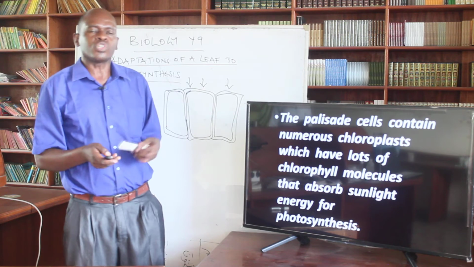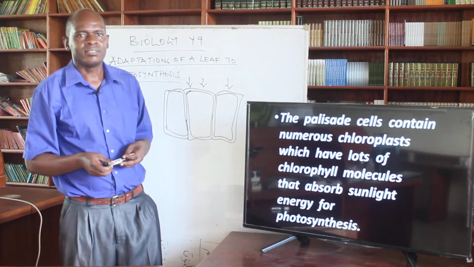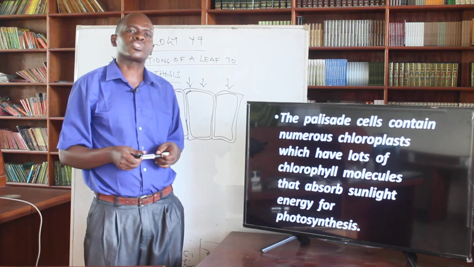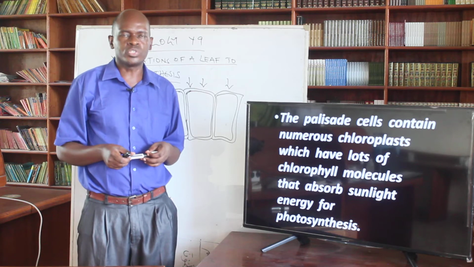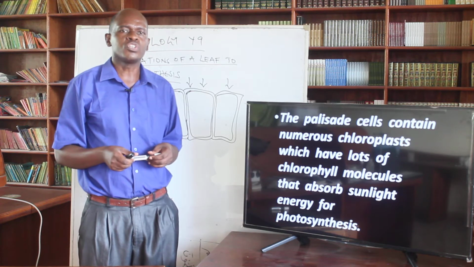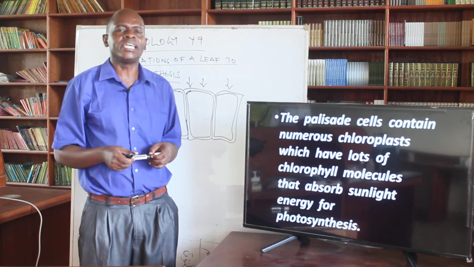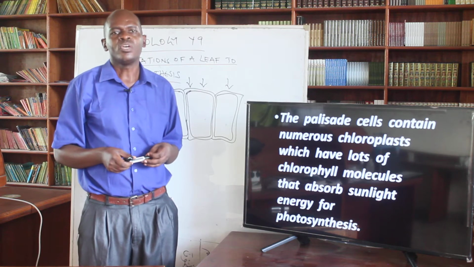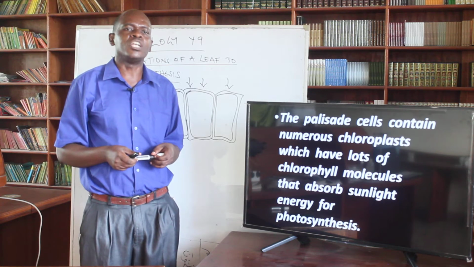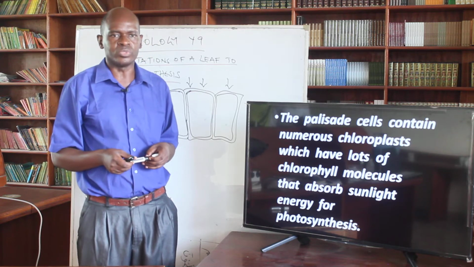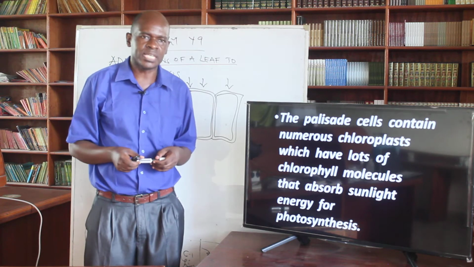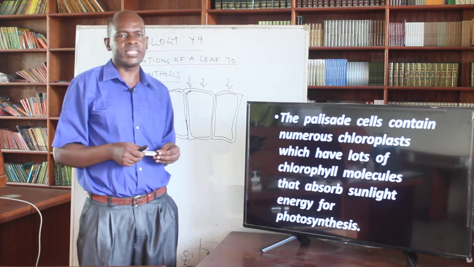Now, that's not all about the Palisade cells. The Palisade cells also contain lots and lots of chloroplasts. They have a lot of chloroplasts, which also have a lot of chlorophyll molecules that absorb sunlight energy for photosynthesis.